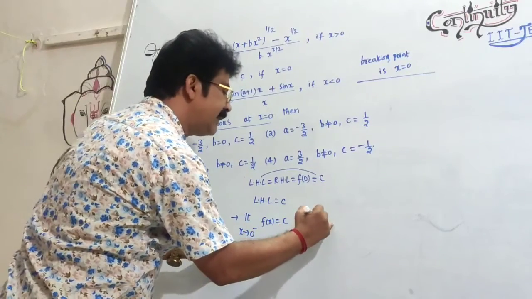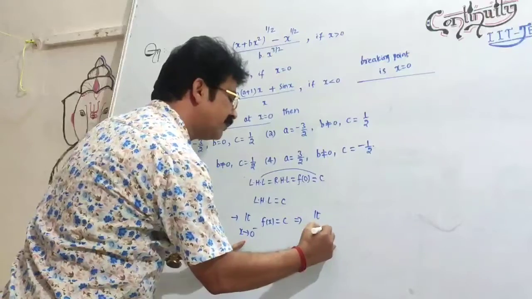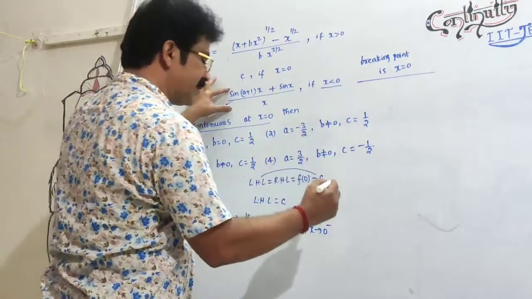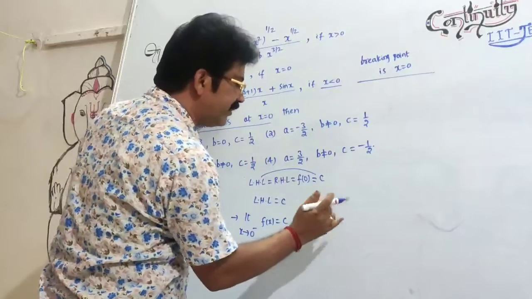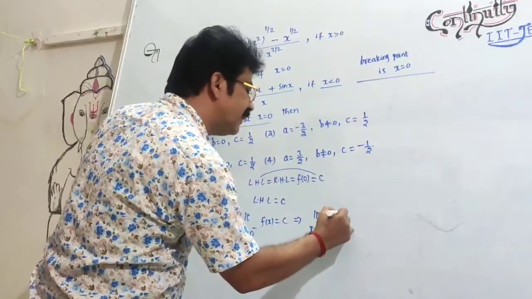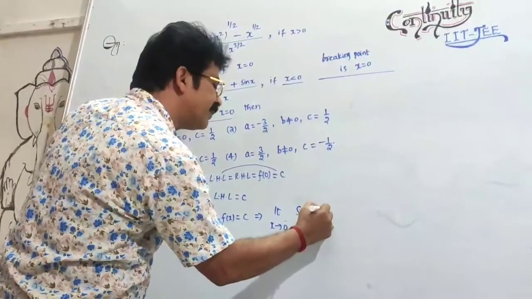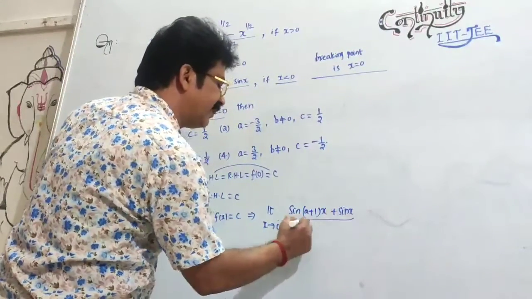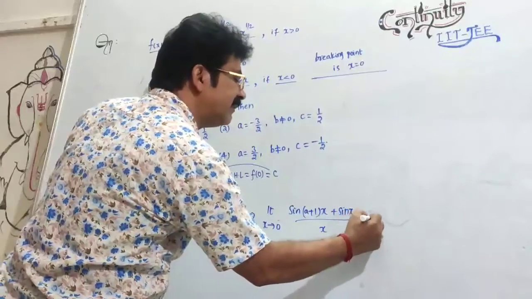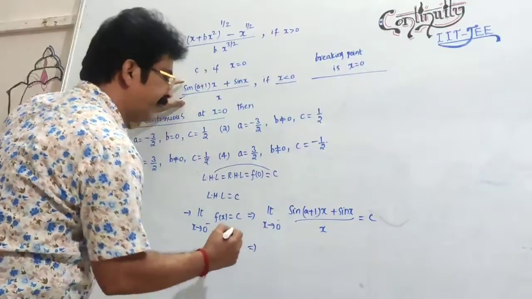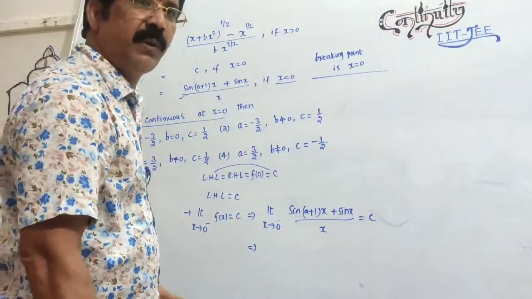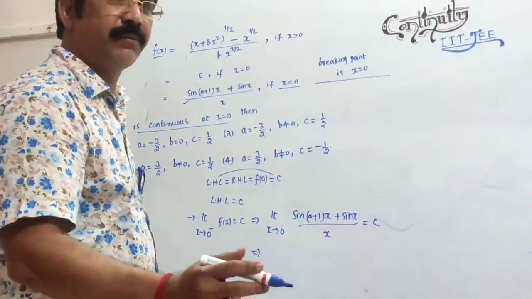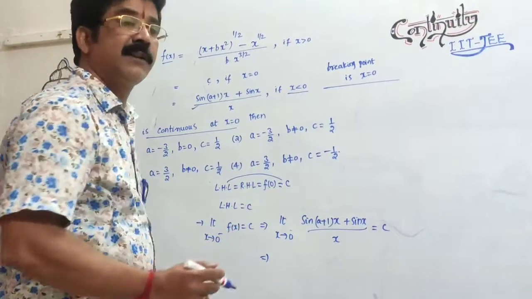That implies limit x tends to 0 minus. Minus means less than 0. So for this function, without writing minus, we can take its function: sine of (a plus 1) x plus sin x, divided by x, that is equal to c. By putting x equal to 0, we are getting again 0 by 0 indeterminate form. Therefore, we are applying L'Hospital rule.